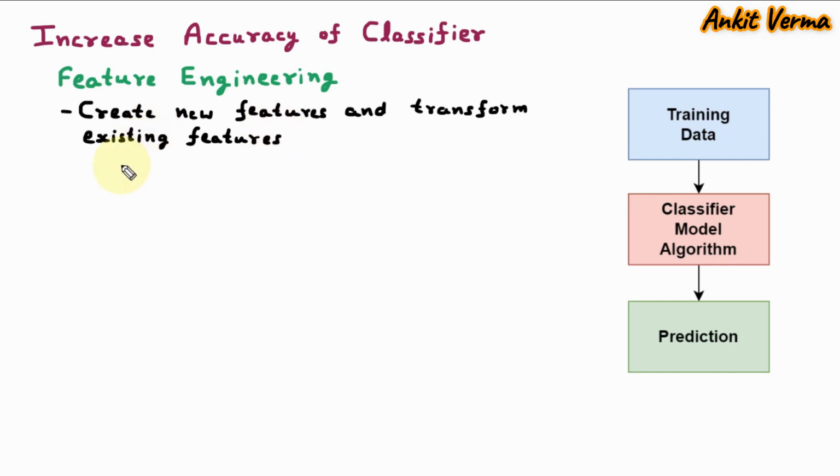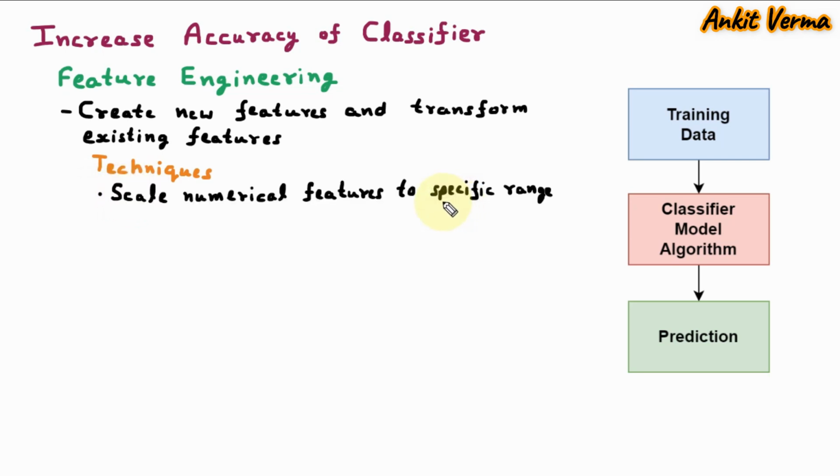There are various techniques for feature engineering. The first one is scale numerical features to a specific range. Here, if some features are out of range, they can dominate. So, to reduce that, they are scaled to a specific range.